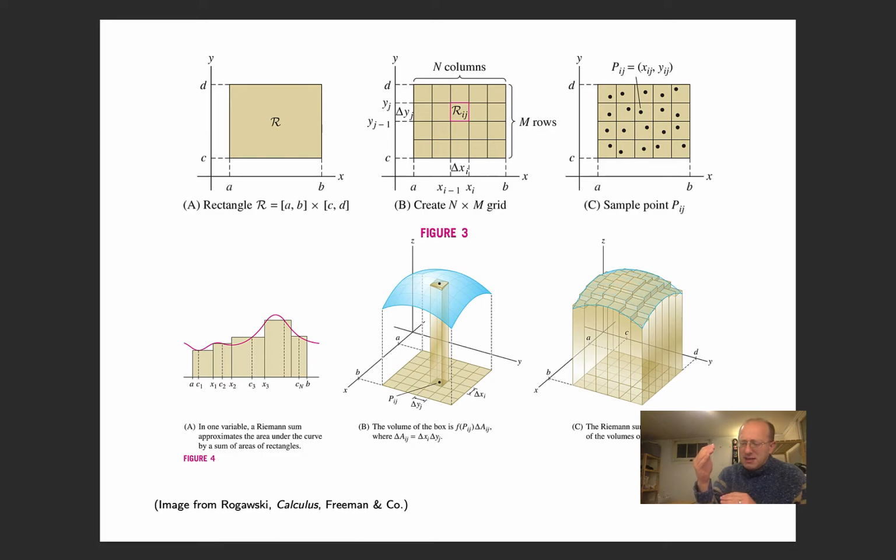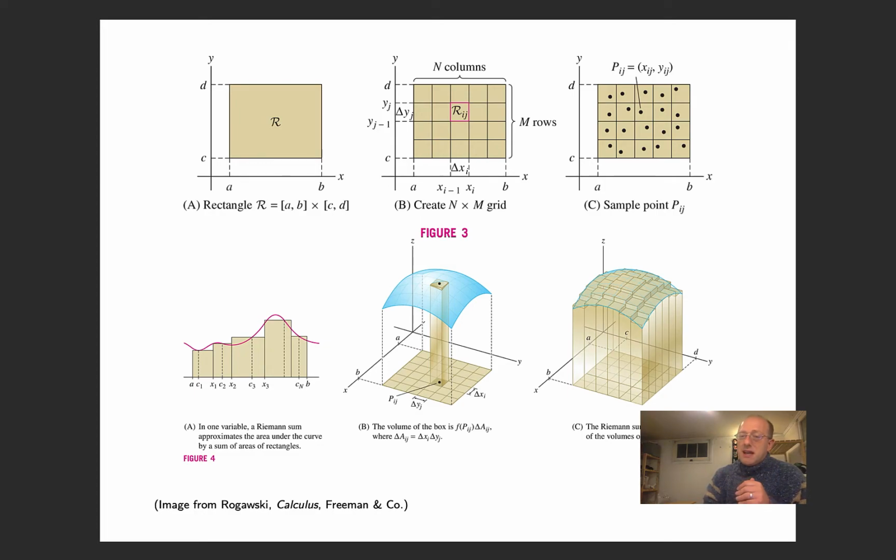It's not exact because the actual region has a smooth curved top, and all these box pillars have a kind of stair-step jagged surface on top, but it's an approximation.